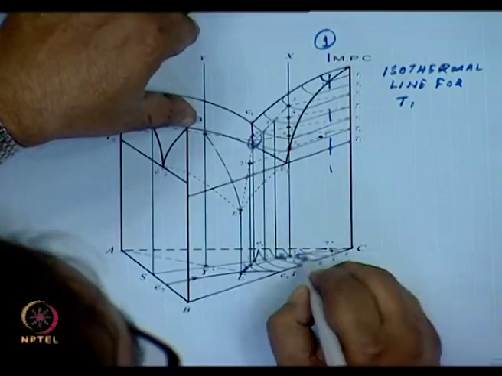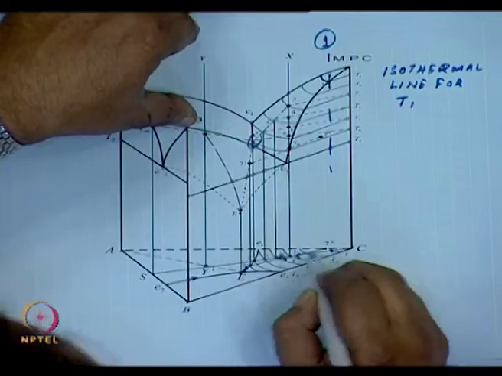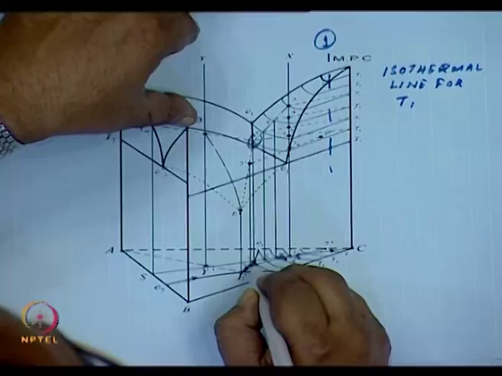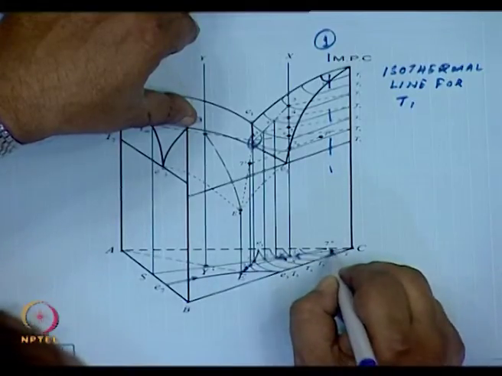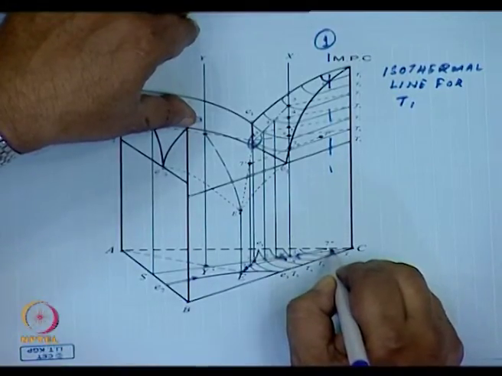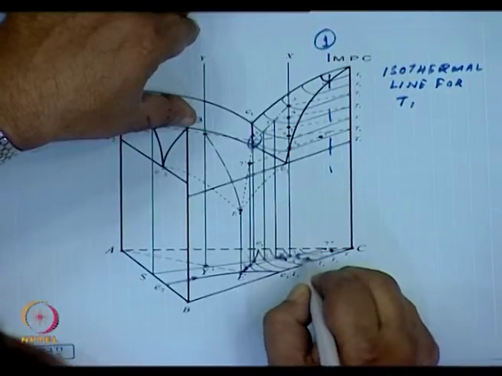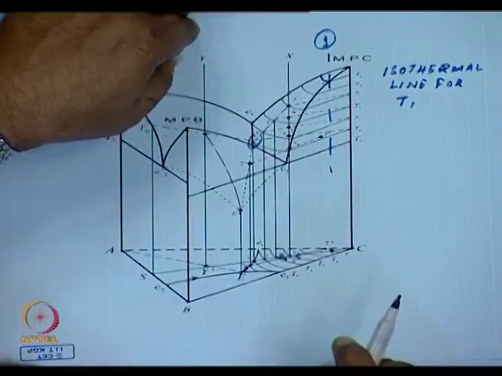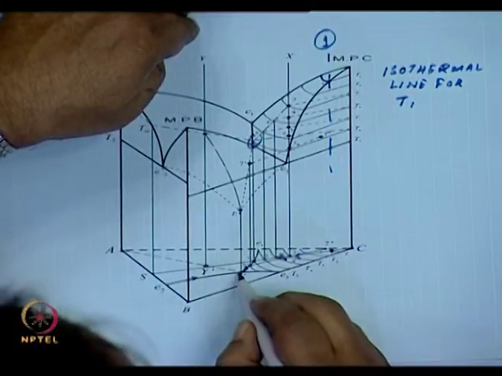It would have followed the same procedure, same path, this join C6 dash. But then the first crystals would start coming out here, which would go down to this eutectic line and finally form at eutectic over here.